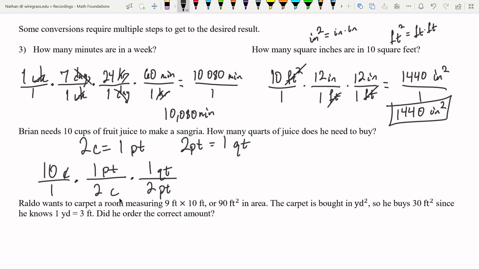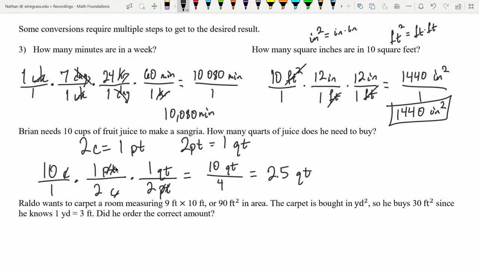And so you can see that the cups cancel and the pints cancel. We're left with quarts, which is what we want. So we get 10 on top, 10 quarts. And 1 times 2 times 2 is just 4 on bottom. There are no units on bottom. And this is the same thing as 2.5 quarts. That's how much fruit juice he needs to buy.